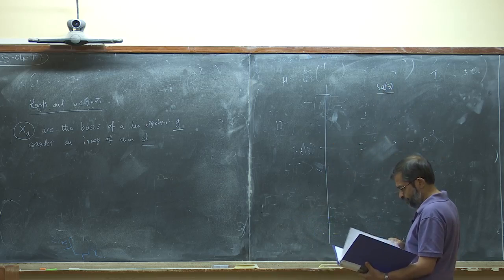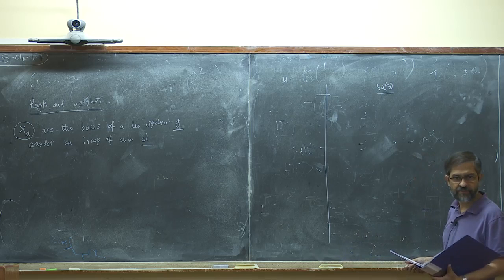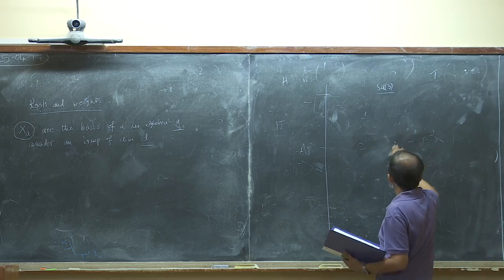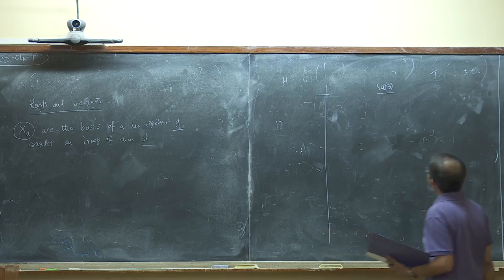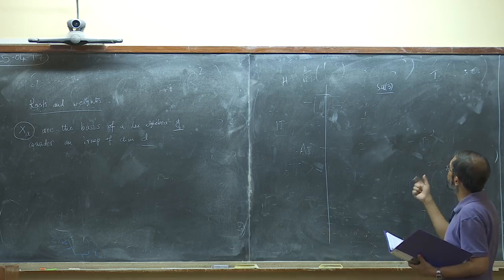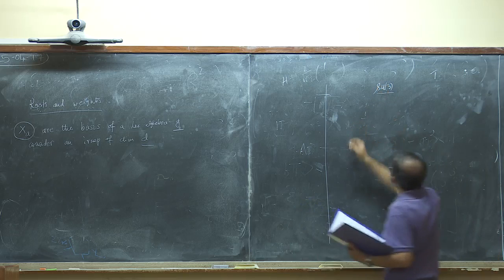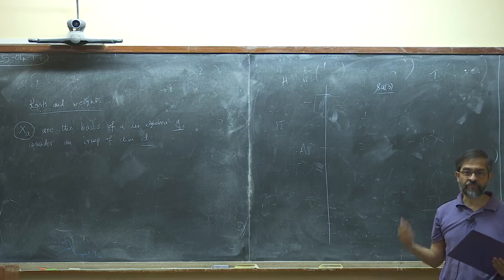So let me just write down. Did I write the basis of SU3 last time? I don't quite remember. So here they are. Remember what SU3 is. The SU3 Lie algebra: these are 3 by 3 Hermitian matrices which are traceless.